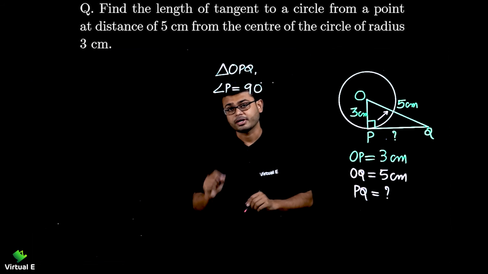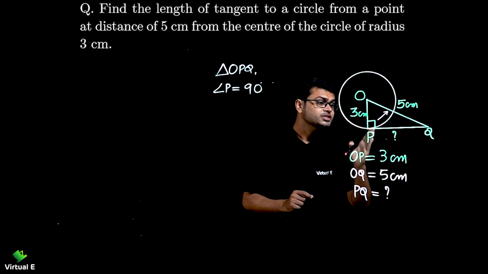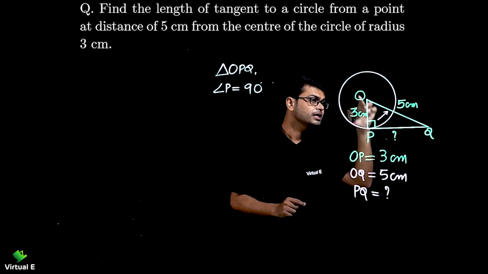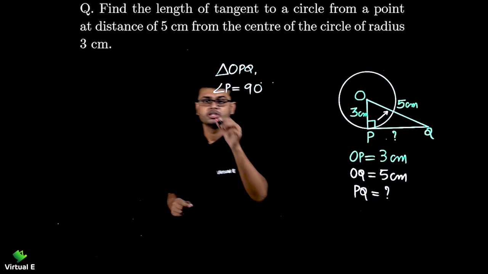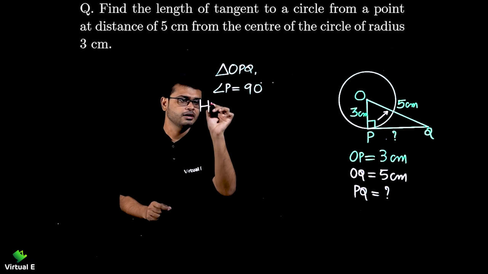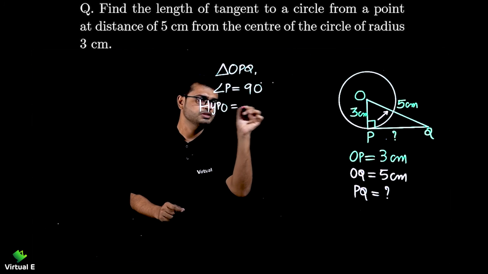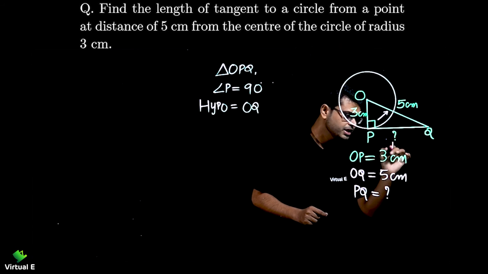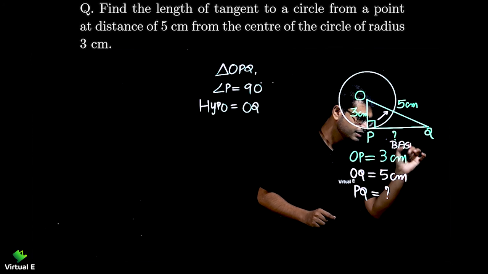So now hypotenuse. Hypotenuse is always opposite to 90 degree. So opposite to angle P is the side OQ. So I can write here that hypotenuse is OQ. Simple. Now this will be your base, no doubt in it, right?